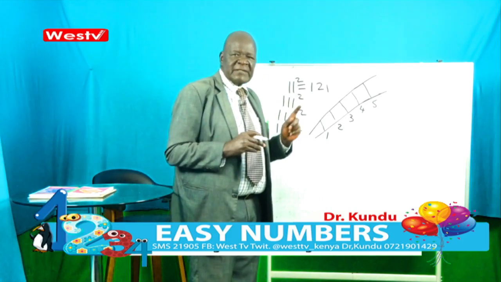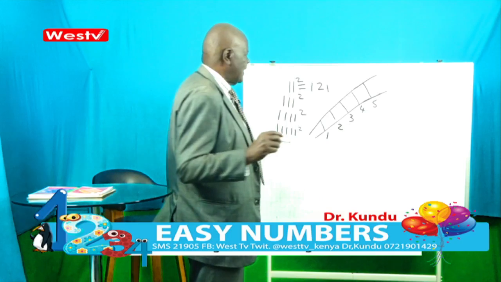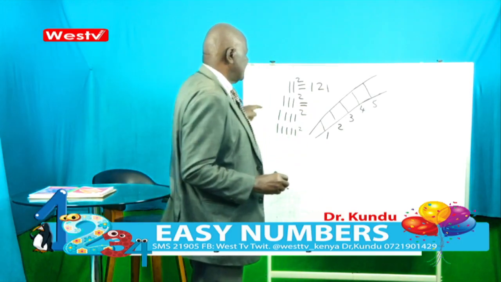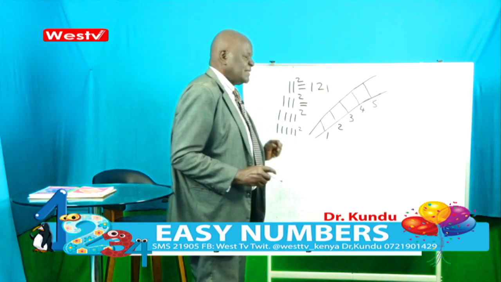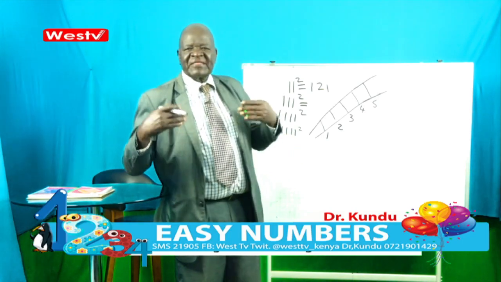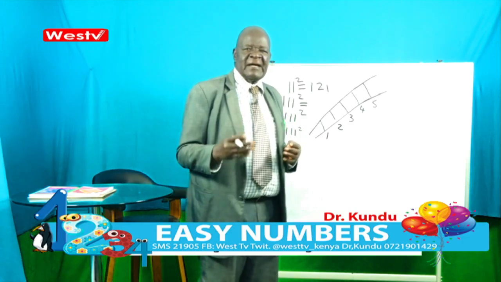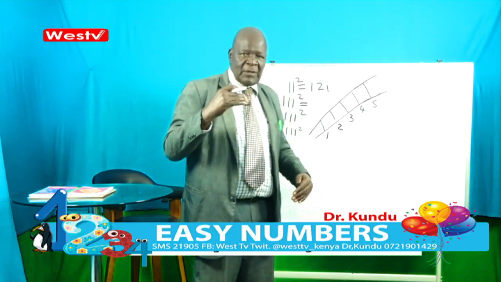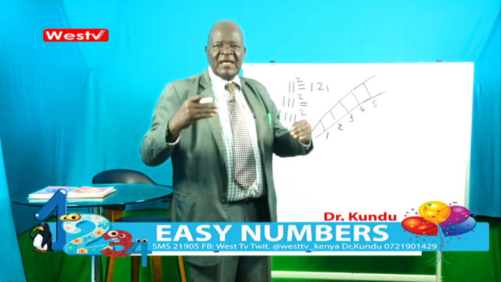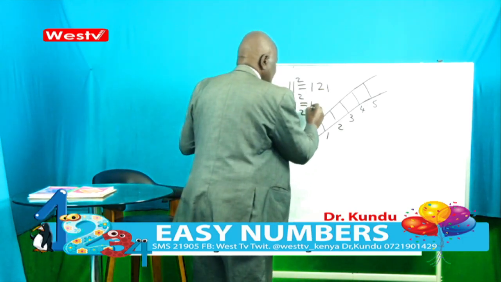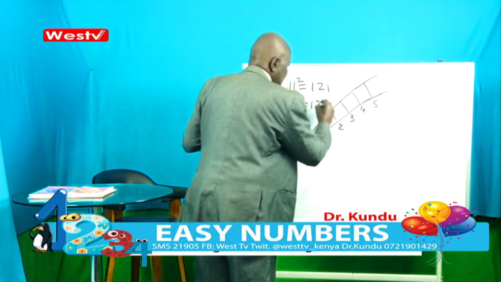Well, let's look at the number 111. This is a number with 3 ones. That means it's a ladder with 3 stairs. And if you are going to use this ladder, you're forced to climb stair 1, stair 2, stair 3.